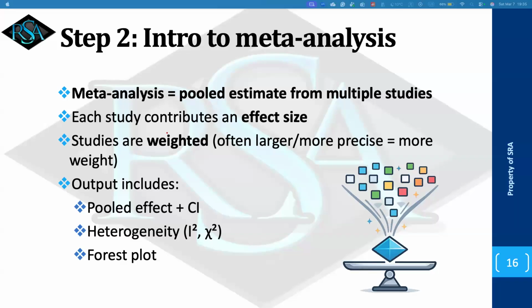That is, you're going to use the meta-analysis to present your results using the various output forms that you just explained: the pooled effect, the heterogeneity, and the forest plots. Otherwise, we present our synthesis using narrative synthesis.